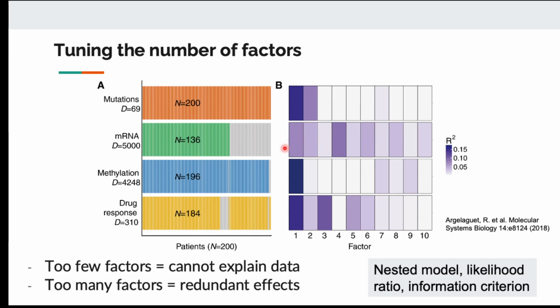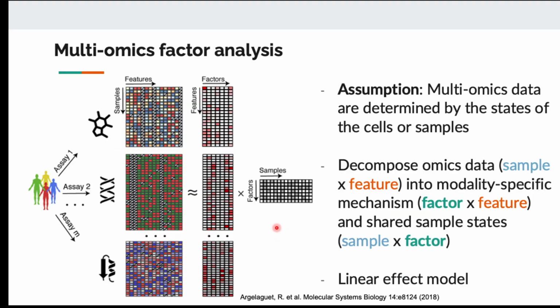Different age gives a different gene expression. Different drug dosage gives a different gene expression. And in this case, DNA methylation profile seems to be regulated by only one factor. So these are things that we can interpret if we are able to make this decomposition. We can interpret the coefficients that we learn from the data.